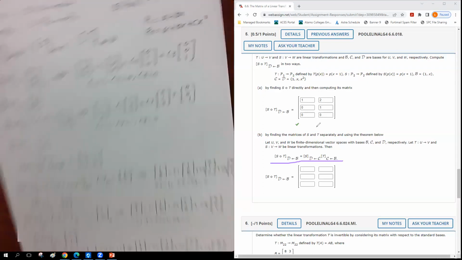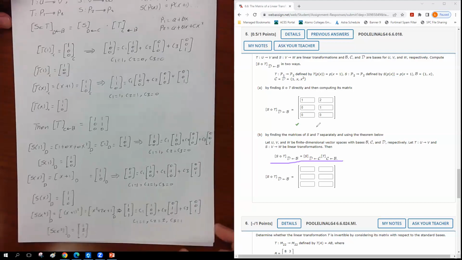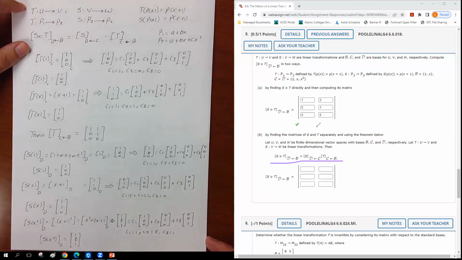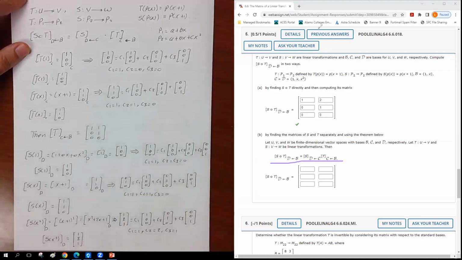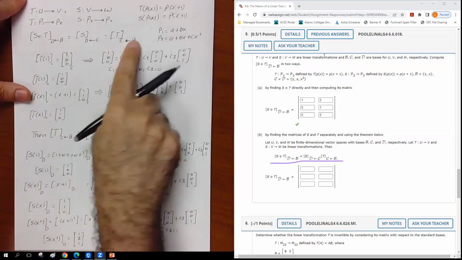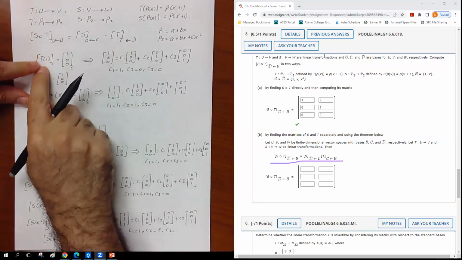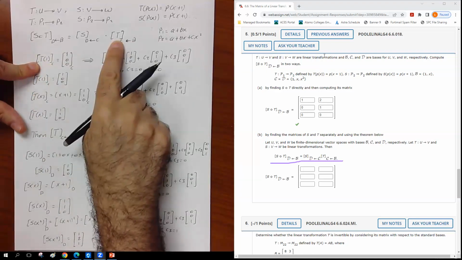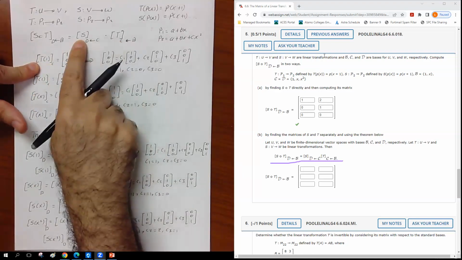So this is the second part of this number. I wrote the same information here, but we're going to find it using this theorem. So I'm going to find this one first, and then I'm going to find this one.